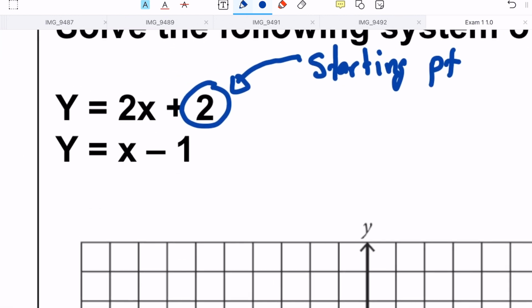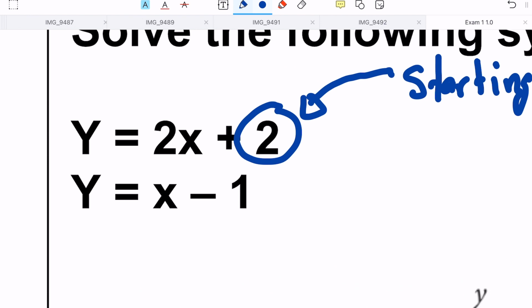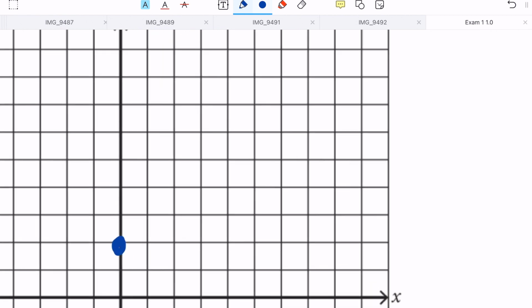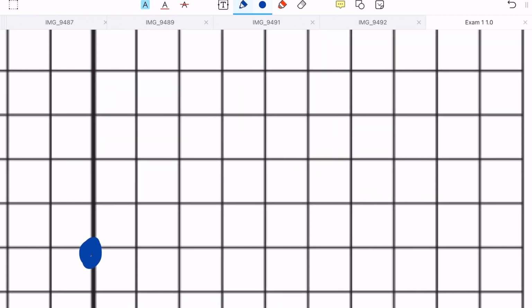Then I see that my slope, the slope is a number right next to the x. It's 2 over 1, so that means I'm going to go up 2 and to the right 1. So from the starting point, I'm going to go up 2 to the right 1.